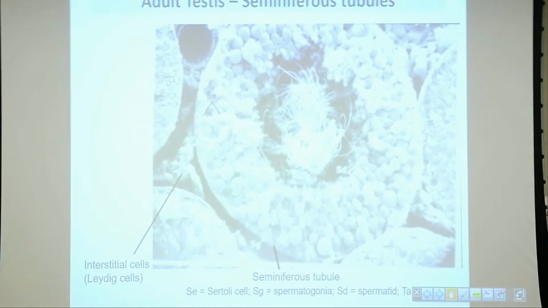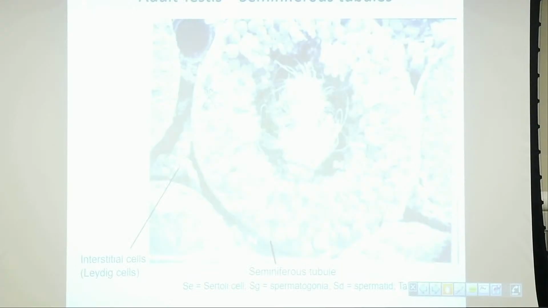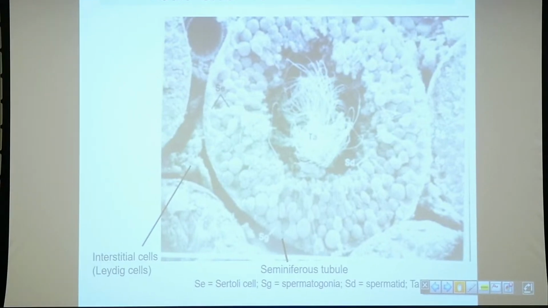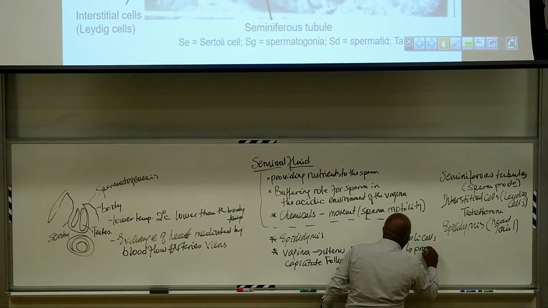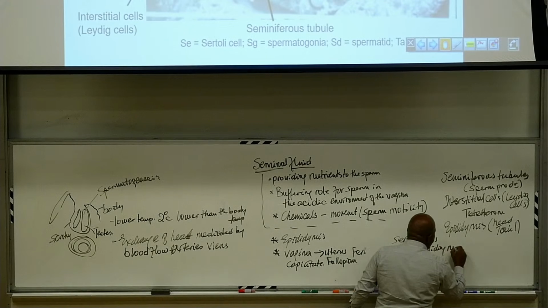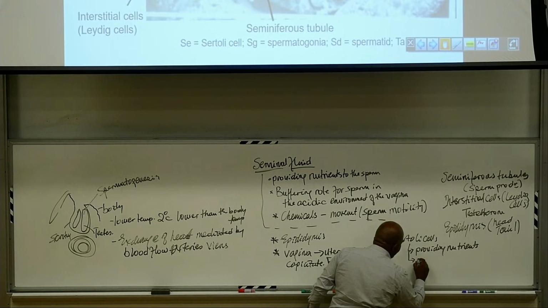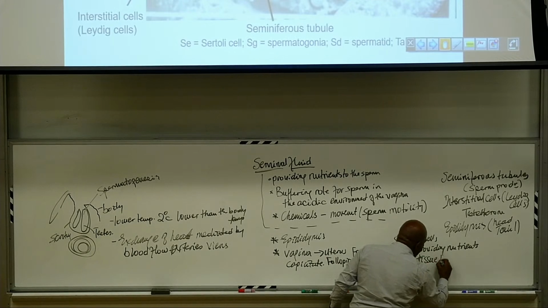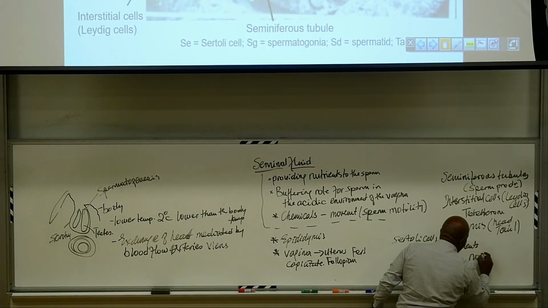And in the seminiferous tubules, we have these so-called Sertoli cells. The Sertoli cells have two functions here. One is that they are providing nutrients for the developing sperm, and the other one is that they are providing a tissue barrier so that there will be no blood coming into the lumen.